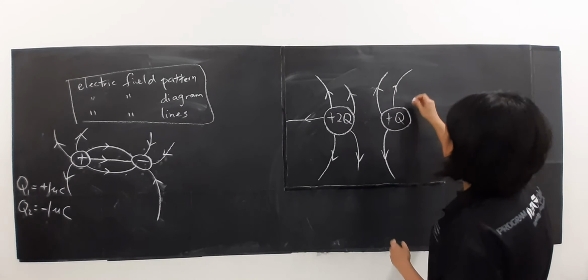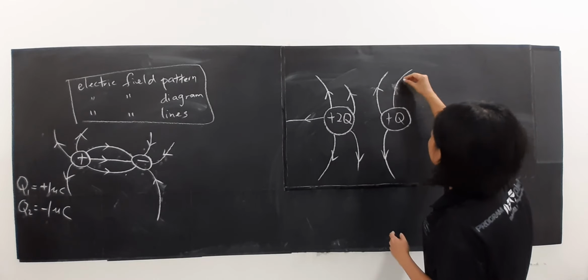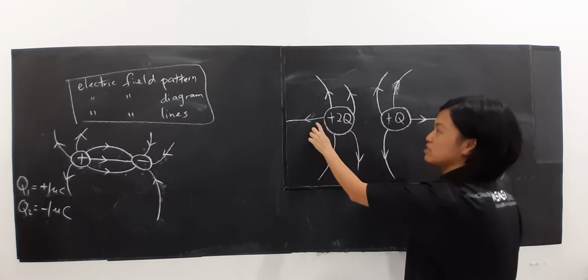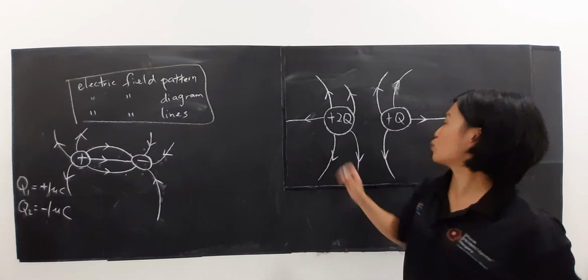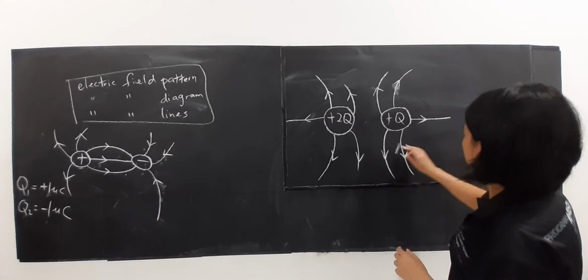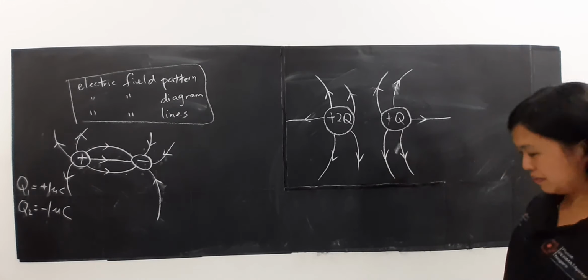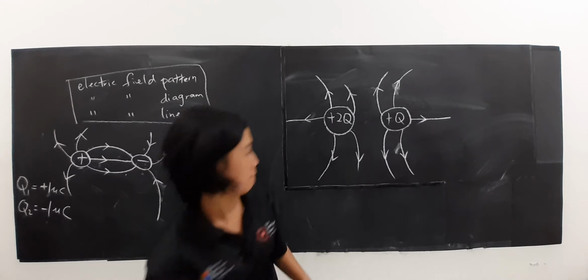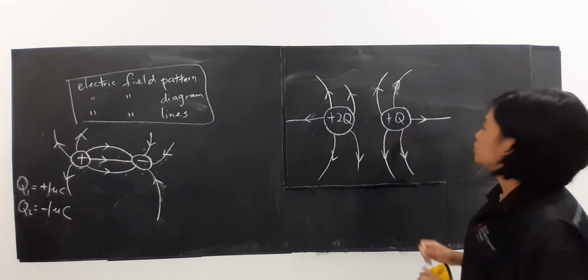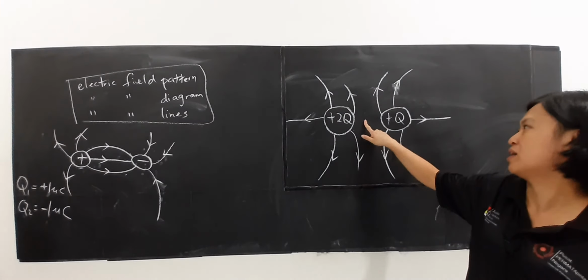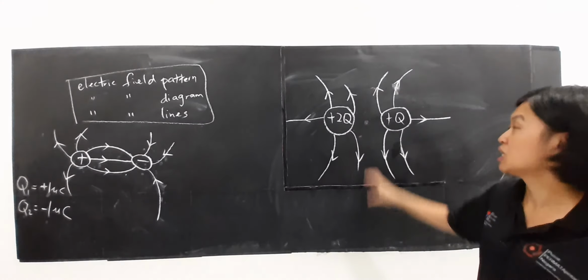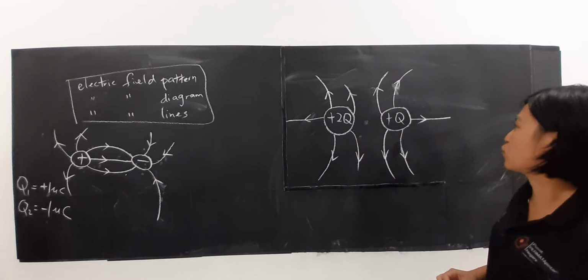So draw the arrow properly. Remember, for a positive point charge the electric field lines are always going out. So I have this. You see, there is never any line in between here, because the resultant electric field in the middle here should be 0.